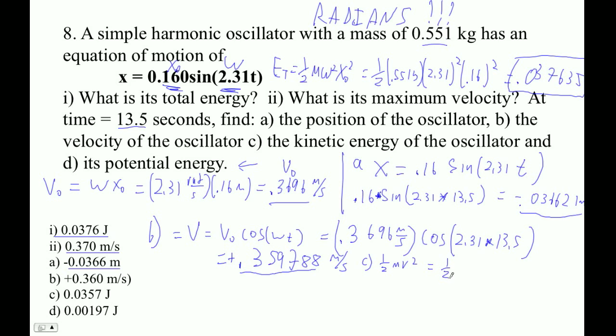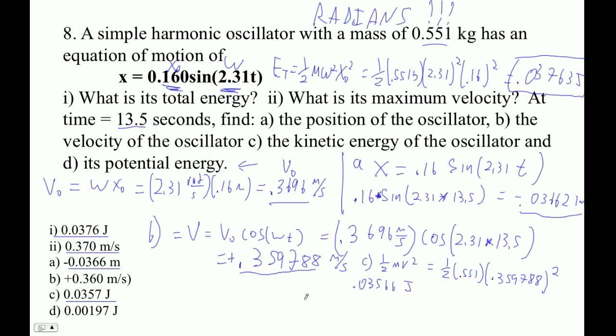So it's 1/2 times 0.551, times this number here, 0.3598788 squared. So I'm going to square that number times 0.551 times 0.5, and I get 0.03566 joules, right, which is this one.